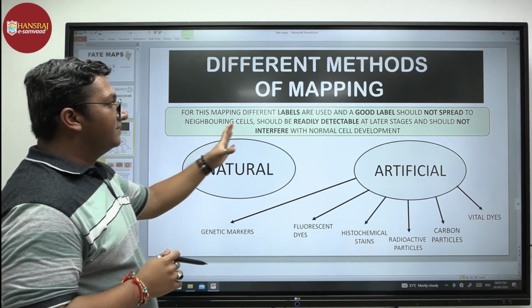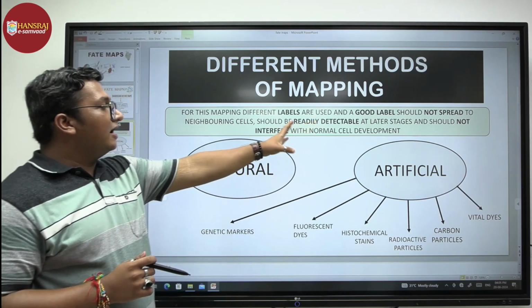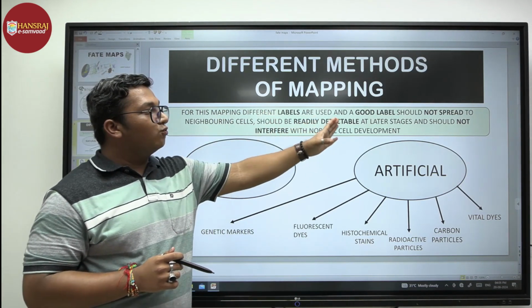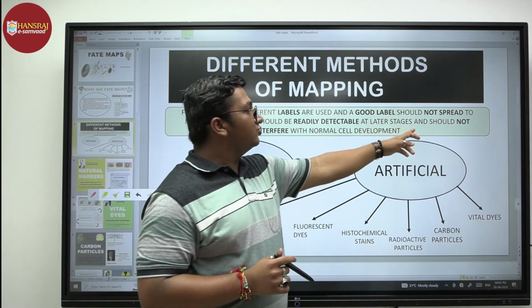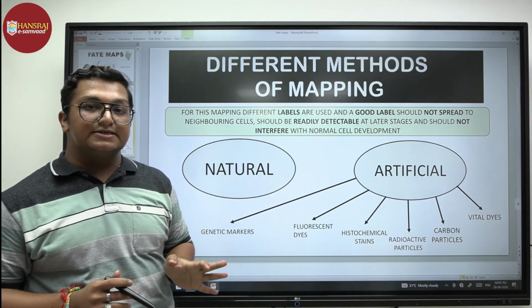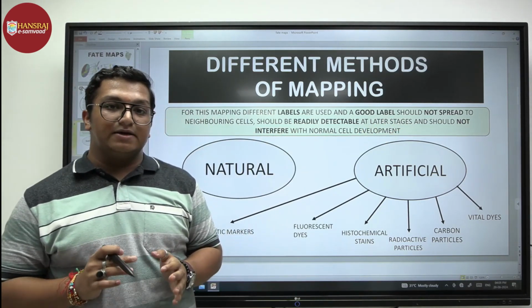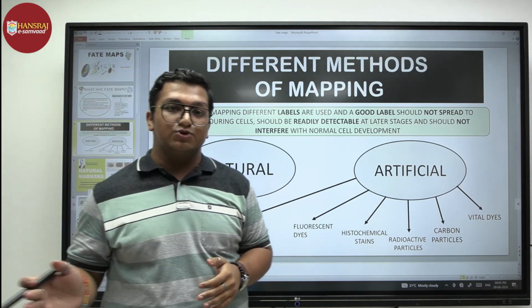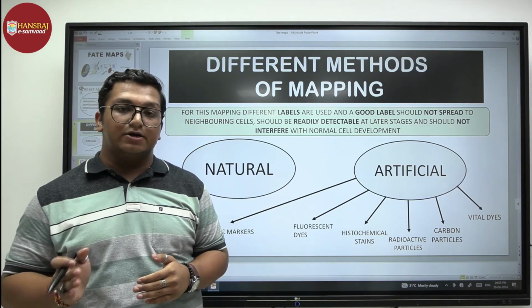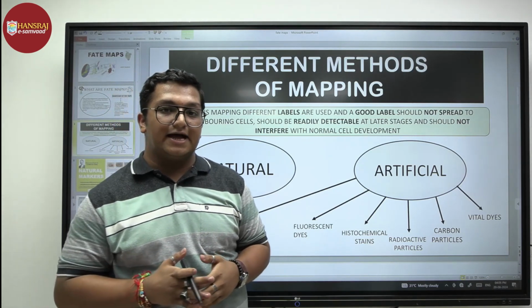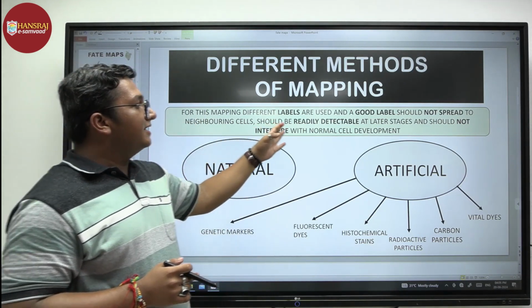There are different methods of mapping, and I have also mentioned the characteristics a good label should have. A good label should not spread to neighboring cells. If we are using a label in a particular cell and it spreads to the neighboring cells, then we won't be able to map the developmental stages in that cell. It should be readily detectable.